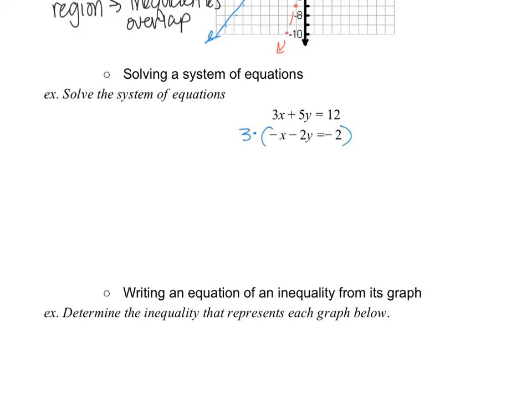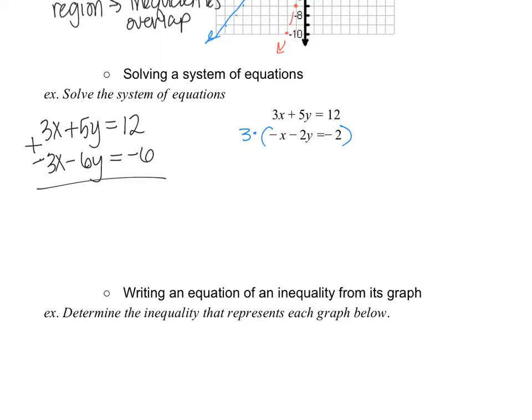That way, when we add the equations together, the x's cancel. So my first equation isn't going to change. 3x plus 5y equals 12. My second equation, once I multiply every term by 3, is going to be negative 3x minus 6y equals negative 6.